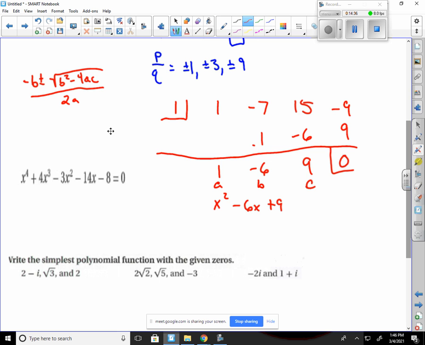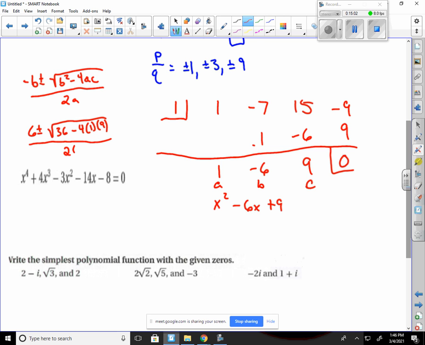So negative of a negative 6 is a positive 6, plus or minus the square root of negative 6 squared, that's 36, minus 4 times 1 times 9.